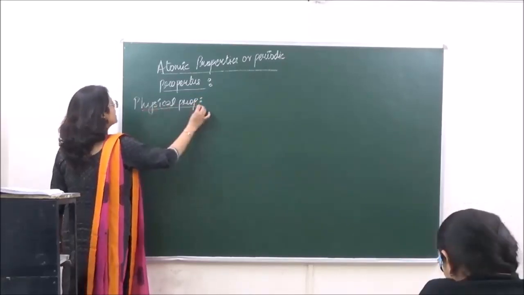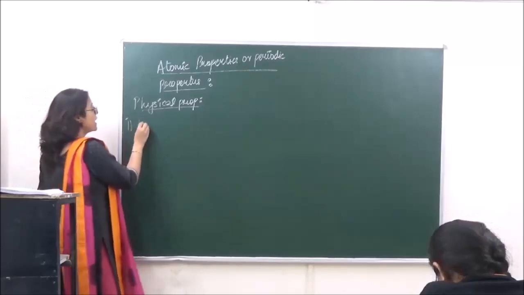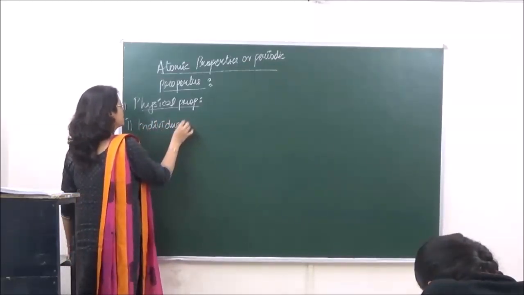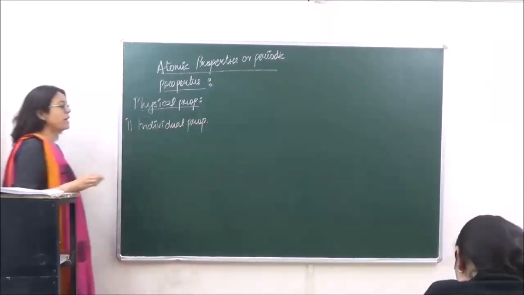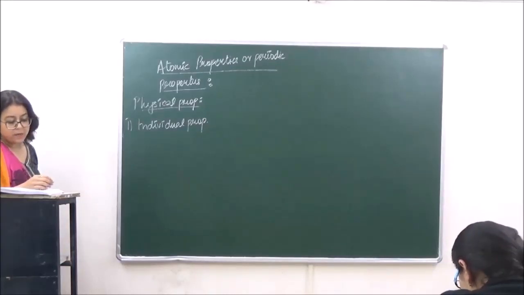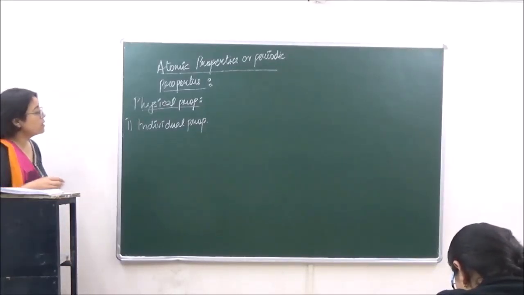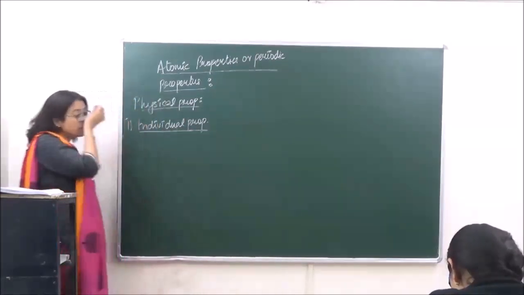Physical properties can be classified into two. The first one will be known as individual properties. Individual properties, or properties of individual atoms, are those properties which depend upon the atom alone.